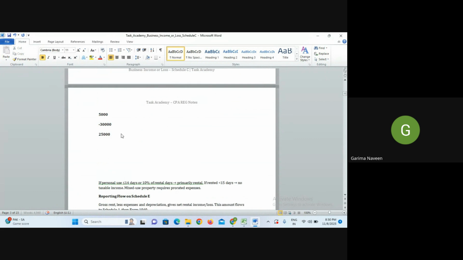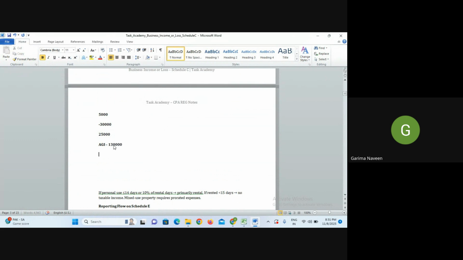So suppose your AGI is $100,000, then no problem. You can deduct $25,000 of losses easily. That means you can deduct this whole amount from your other kind of income. But in case your AGI is above $100,000, suppose your AGI is $130,000, then it will start to phase out.